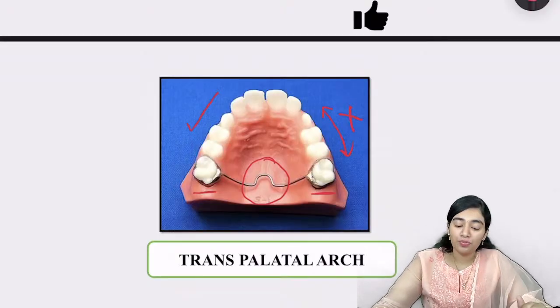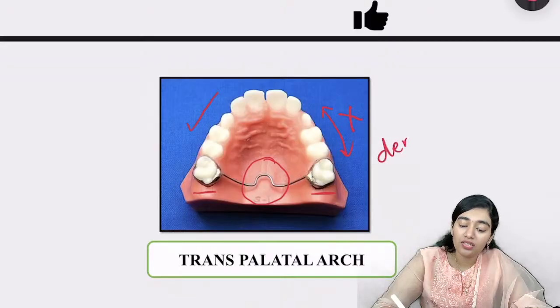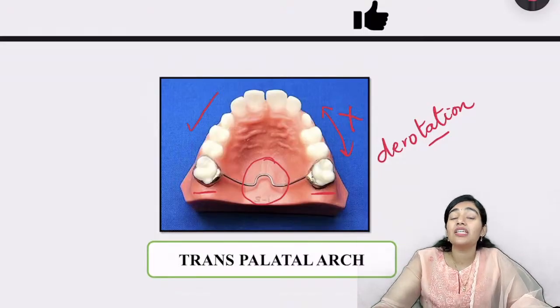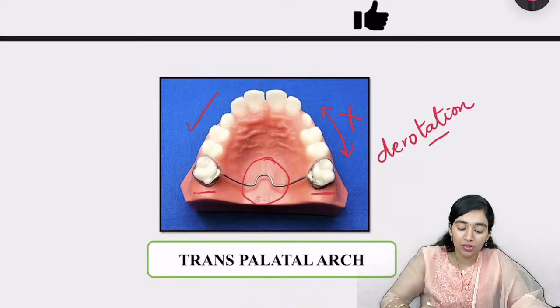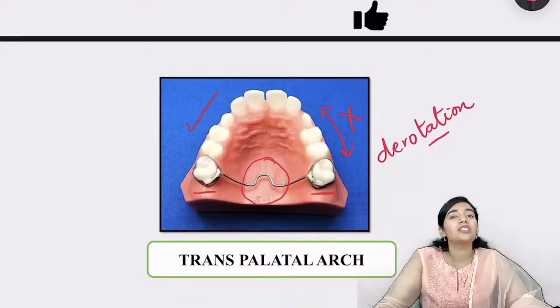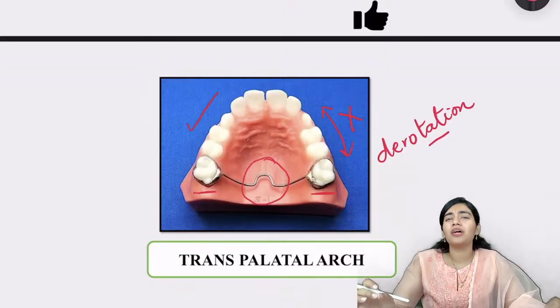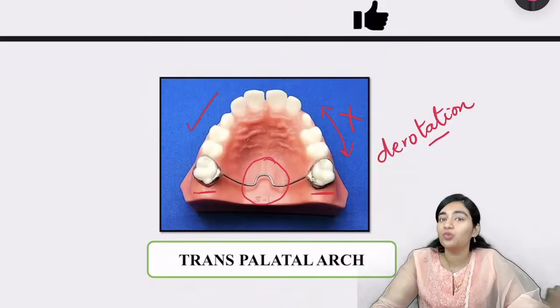Minor tooth movements, that is derotation of the molars, can also be done with the transpalatal arch. So whenever you want a minor tooth movement, you can activate the U-loop in the posterior part of the palate where it is resting, and create some minor adjustments of the molars.